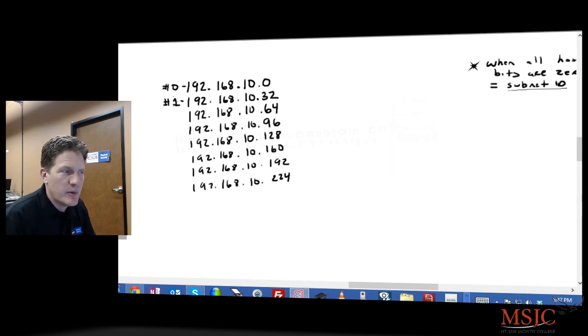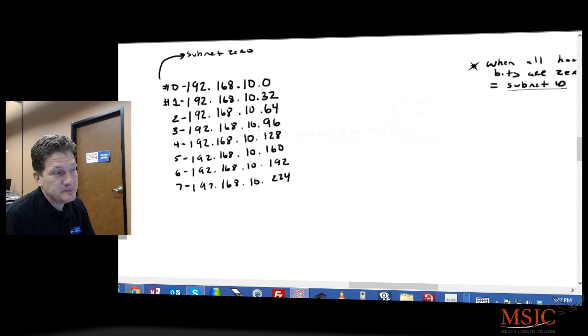Why? Because 0 is a number. We actually refer to this as subnet 0. And the next one would be 2, next one would be 3, next one would be 4, next one would be 5, next one would be 6, next one would be 7. There are our 8 subnets.